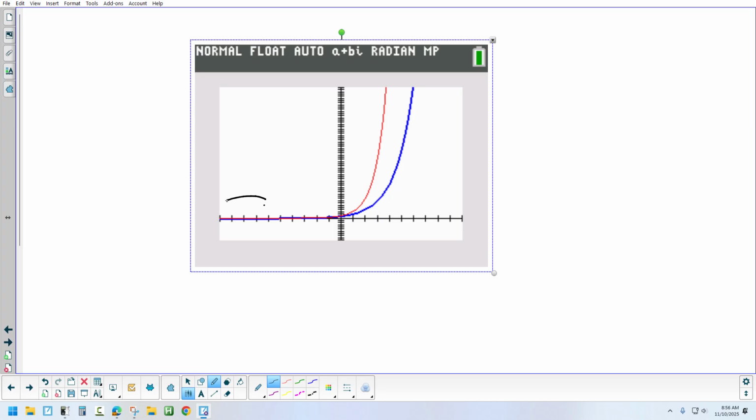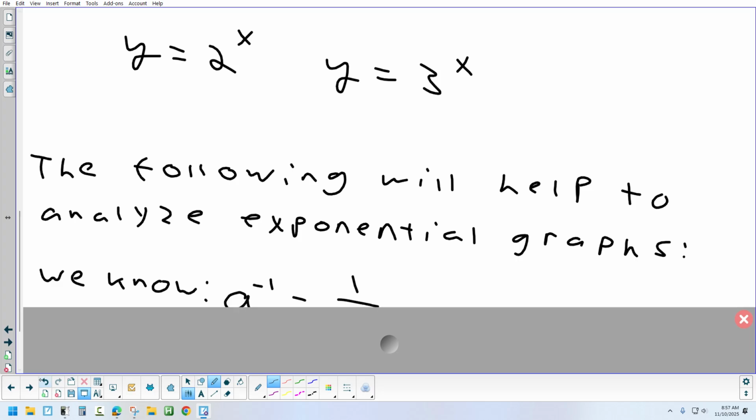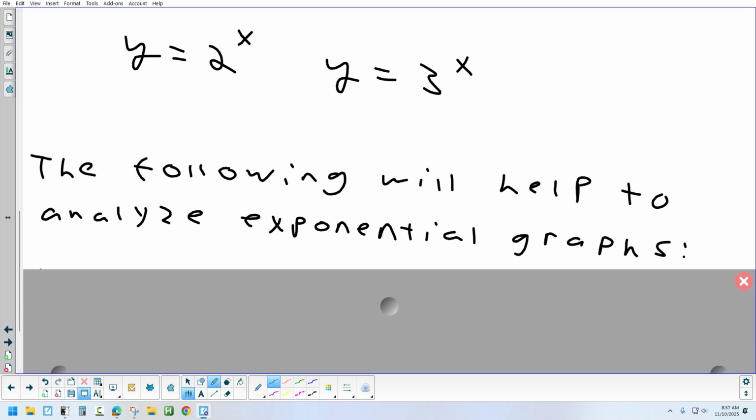Now we could look at what's happening in here. As you head to the left on both of these, they are both getting flatter. The slope is approaching 0 as you head to the left. And it's increasing as you head to the right. Okay, so it's a pretty typical exponential. Now, if we ever raise something to a negative exponent, that's going to make it complicated to analyze.